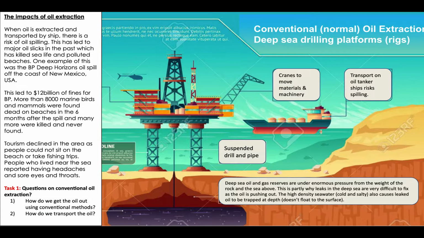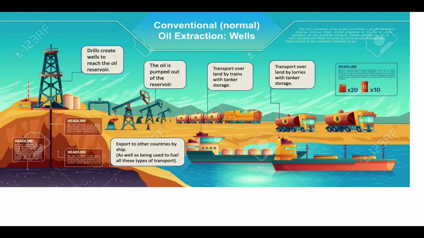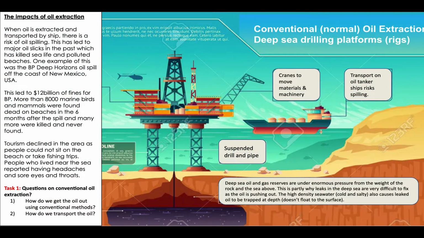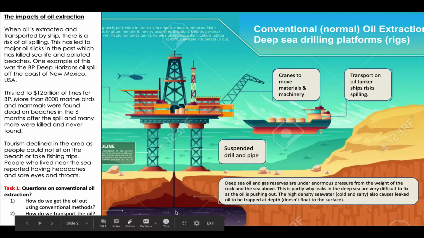It is more expensive and much more difficult than this type of oil extraction, but it has been going on for such a long time that it's considered normal. It still involves just drilling a pipe. Obviously the pipe is suspended in the water, tapping into the reservoir and then drawing it out.